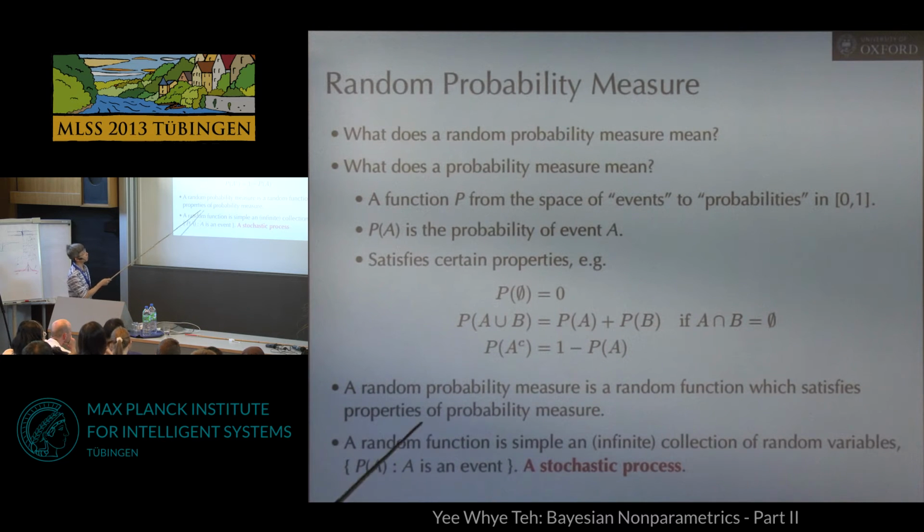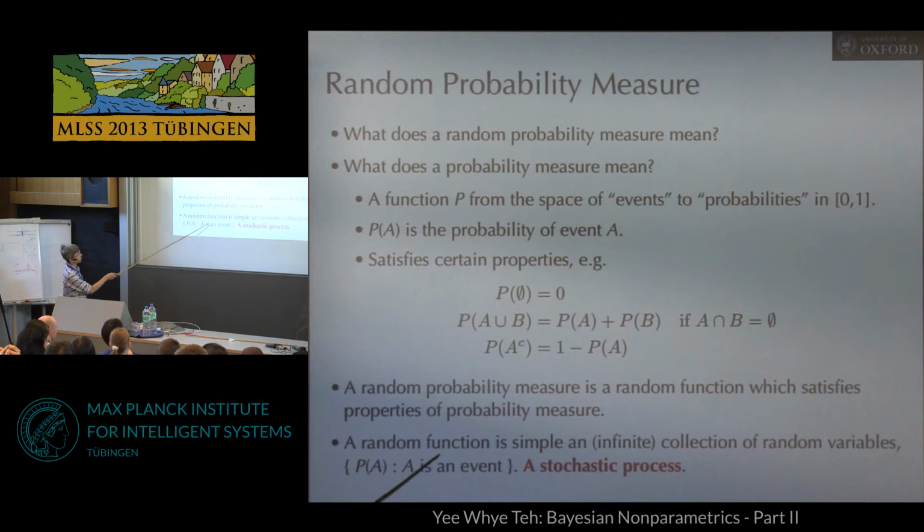A random probability measure is a random function that satisfies the properties of a probability measure. You've seen random functions already in Gaussian processes, where it's simply a random function from an input space to an output space. In this case, we have a random function, but it has to satisfy the properties of a probability measure.